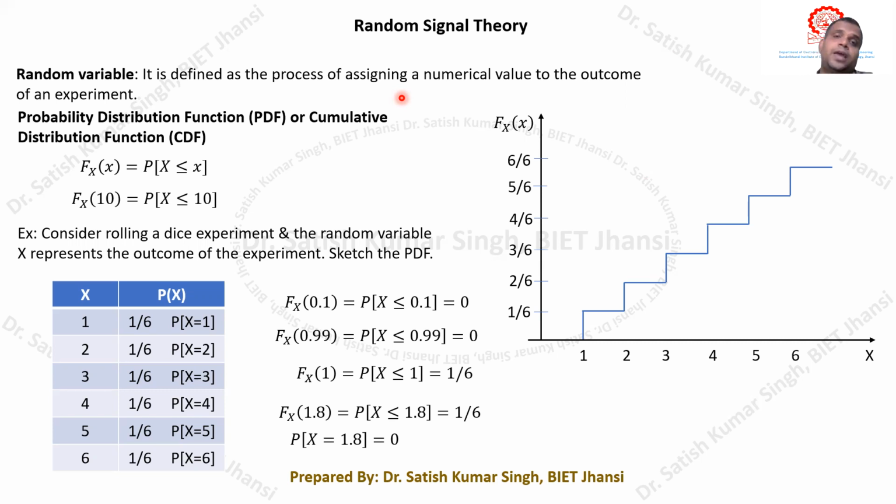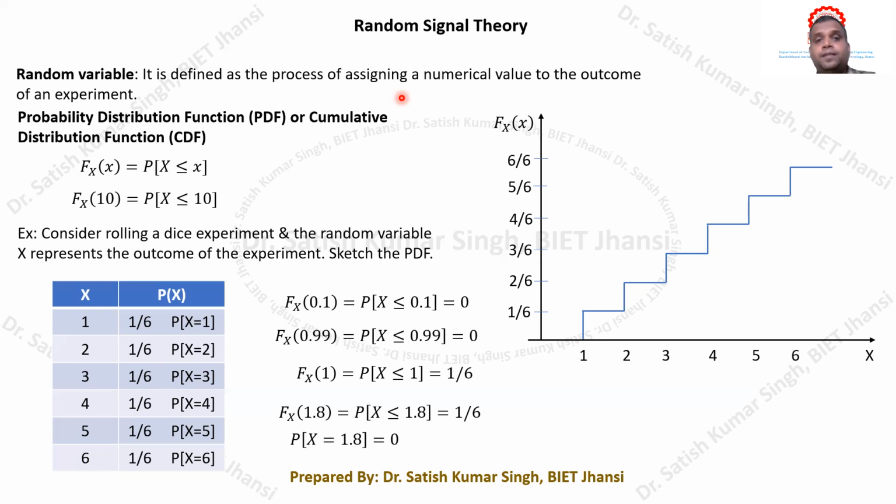Whenever we roll a dice, because there are a total of 6 faces, which particular face will come upward we cannot determine very specifically, because there are 6 possibilities. In tossing a coin there are 2 possibilities, and in rolling a dice there are 6, so we cannot ascertain the result, but we can say there is a certain probability that a particular face will come up.